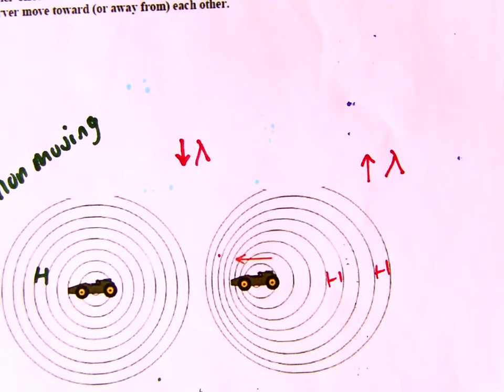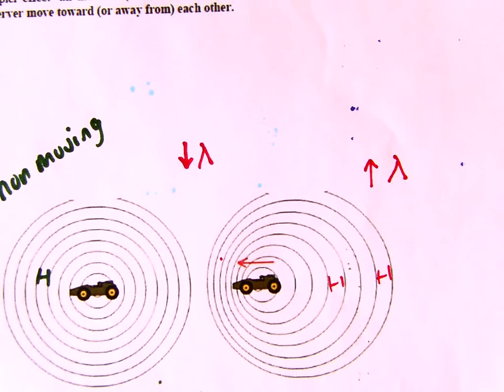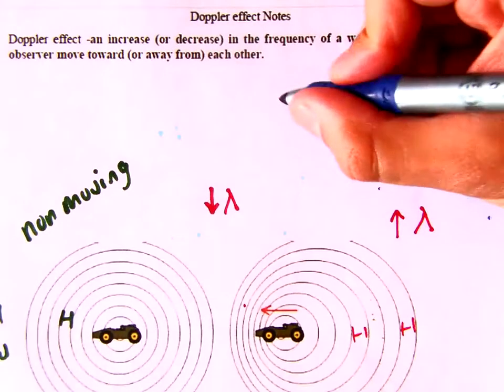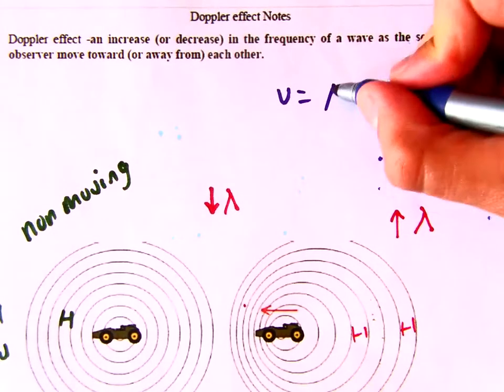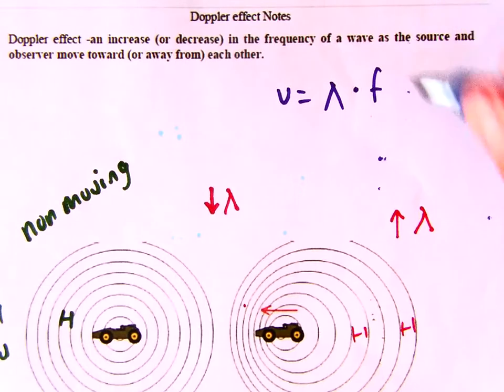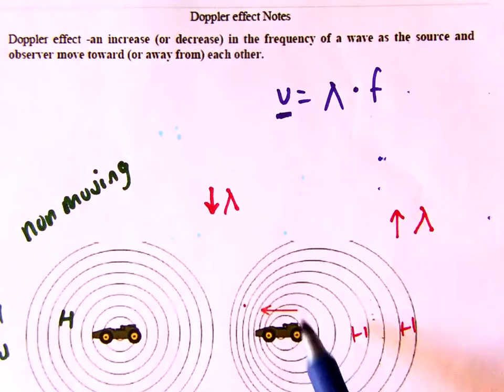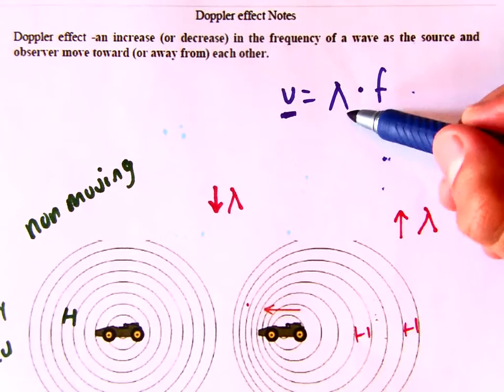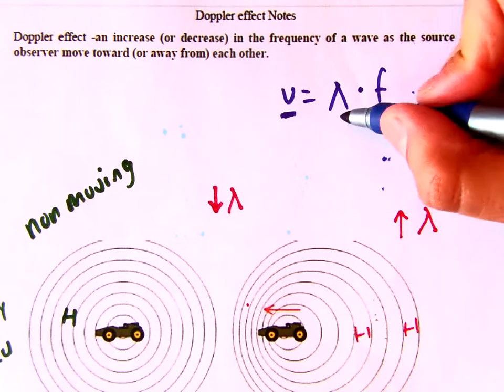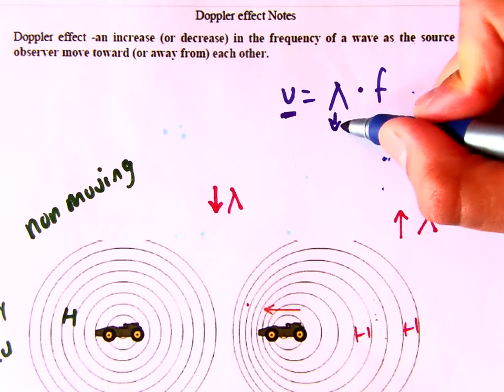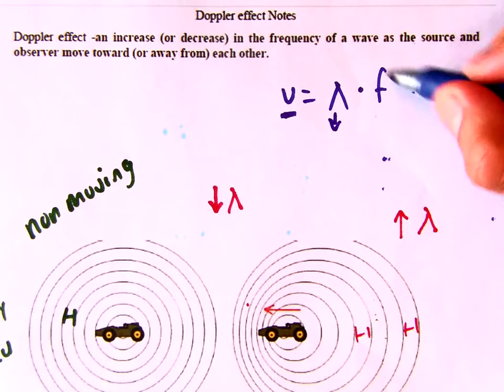Okay? So we already explained that speed has to stay the same, right? So if speed is equal to wavelength times frequency, this has to stay the same because all these waves are traveling in air. That hasn't changed. So if my wavelength goes down, this has to be balanced by my frequency.